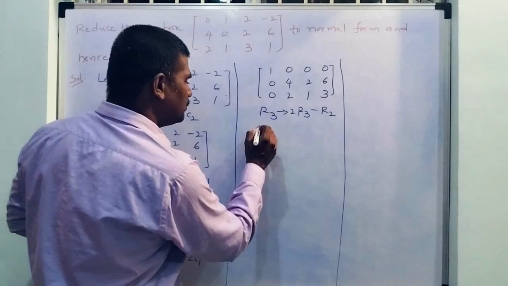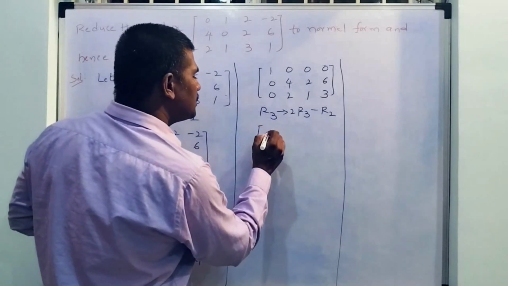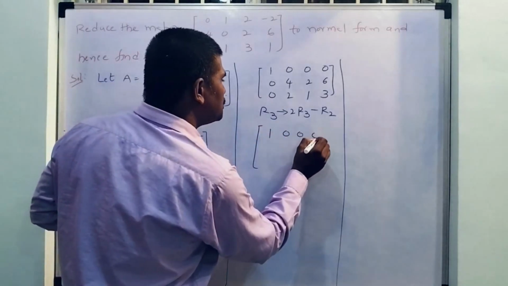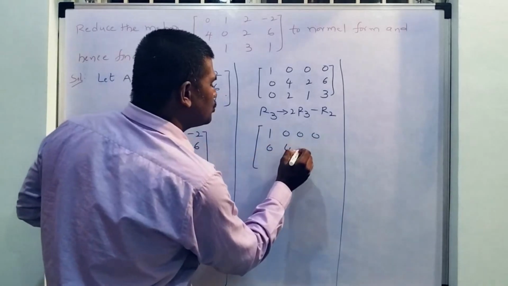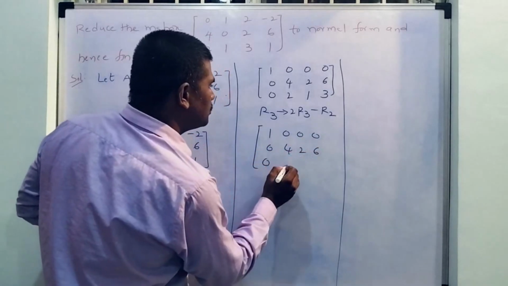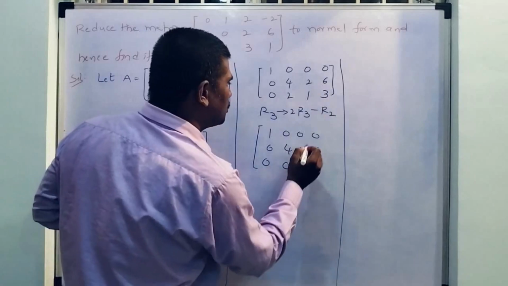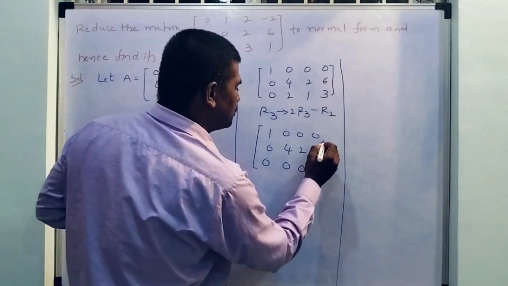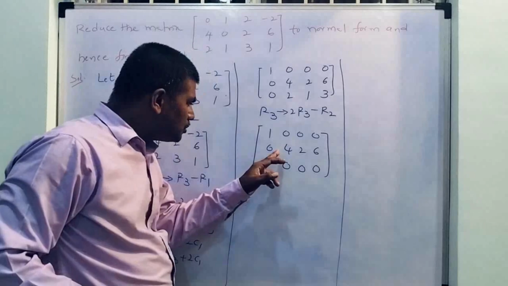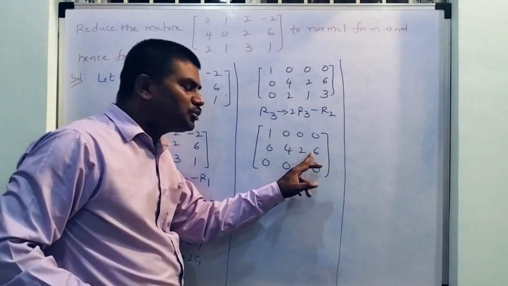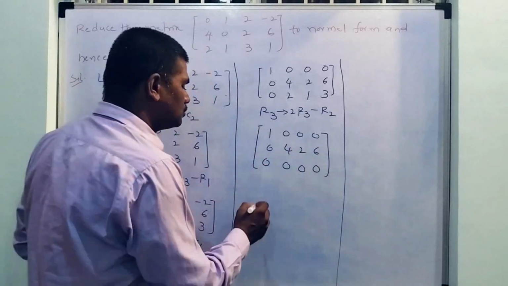That means you will have the resultant as 1, 0, 0, 0, 0, 4, 2, 6, 0, 0, 2 minus 2, 0, 6 minus 6, 0. Now use the same element and make these 2 elements as 0. How?